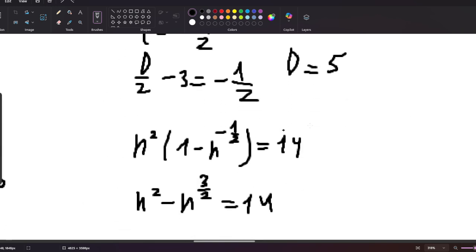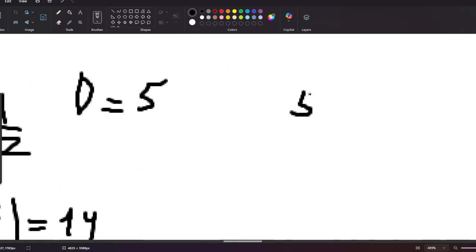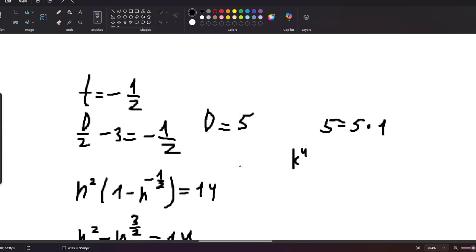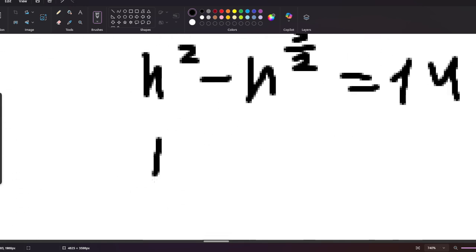Now, again, factorization of 5, the only one we can do is 5 equals 5 times 1, so this is going to be just k to the 4th power. 4 plus 1 is going to be 5. N equals k to the 4th power. Let's sub it in.